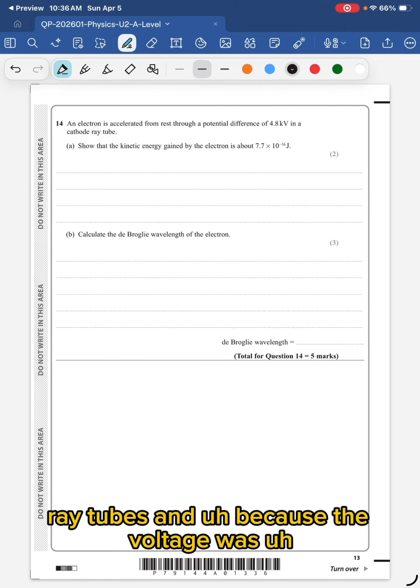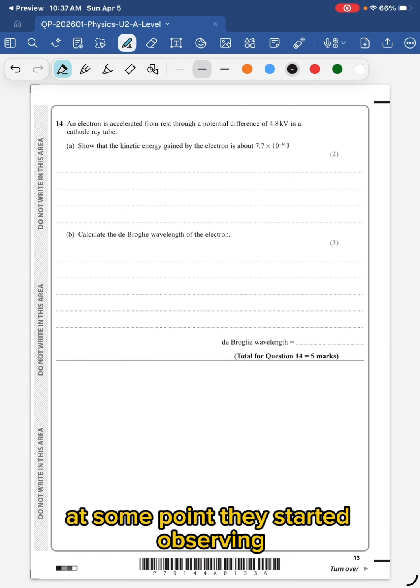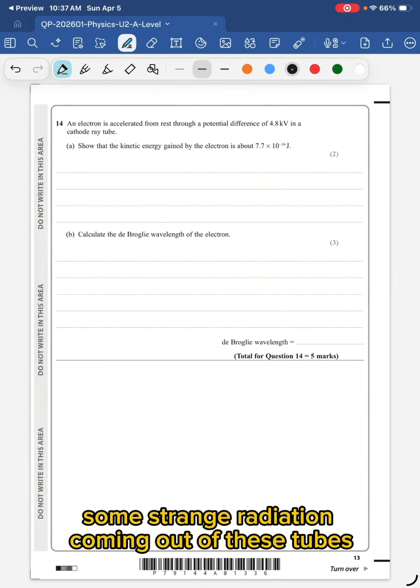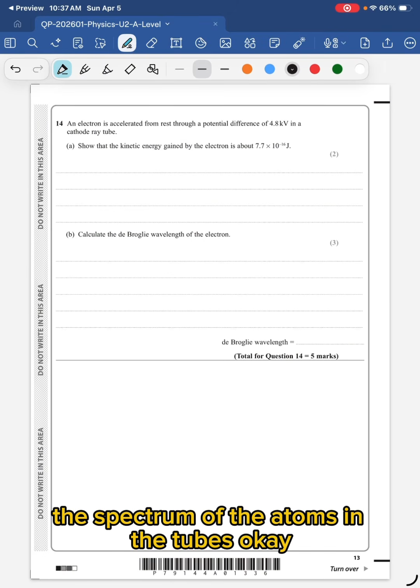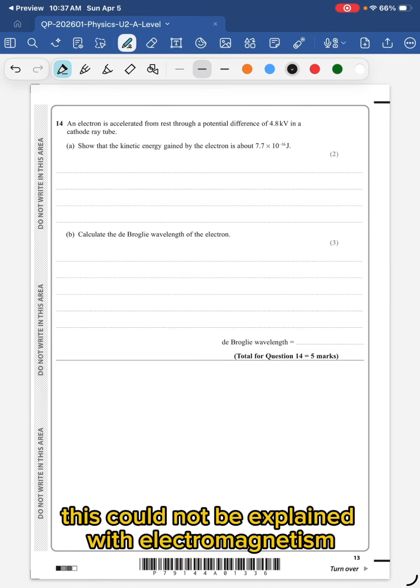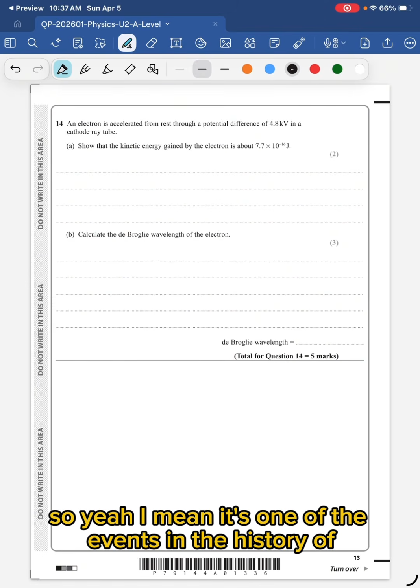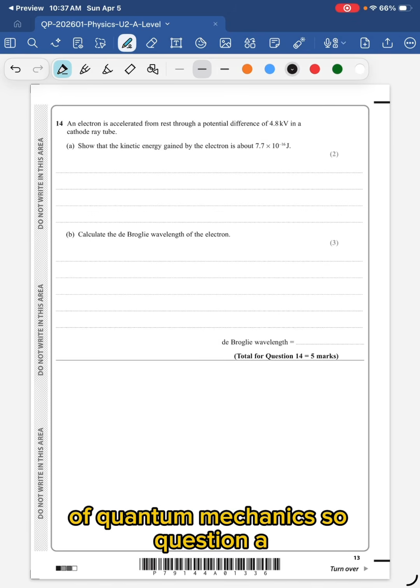And because the voltage was high and there was gas and collisions with gas, etc., at some point they started observing some strange radiation coming out of these tubes, which was the spectrum of the atoms in the tubes. Okay, so this could not be explained with the electromagnetism that they knew at the time. So yeah, it's one of the events in the history of quantum mechanics.